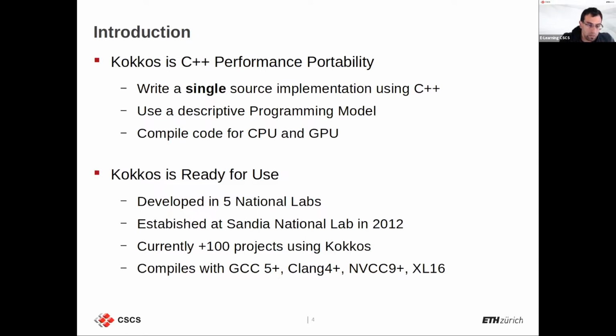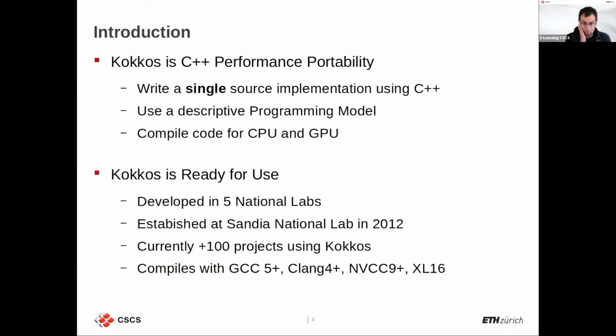So Kokkos is already ready for use. It's been established in 2012, so almost 9 years ago. It's been established in Sandia National Lab and is currently developed by 5 national labs in the United States. I would say that probably it is the most used library for heterogeneous parallelization in the United States.